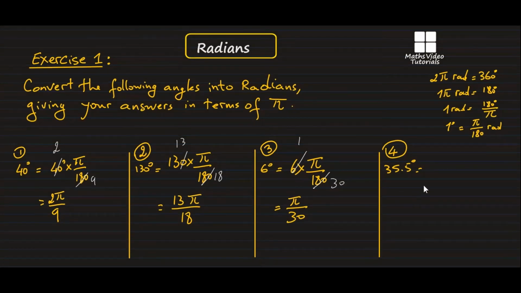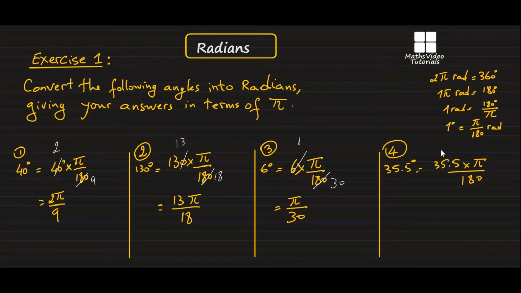And the last one now, 35.5 degrees multiplied by pi over 180. Now I know 35 is divisible by 5, and 0.5 also is divisible by 5.